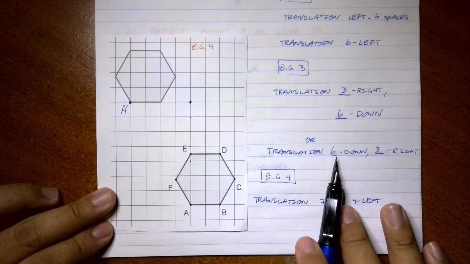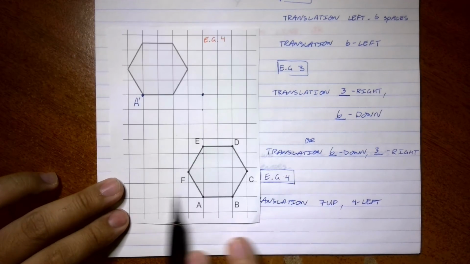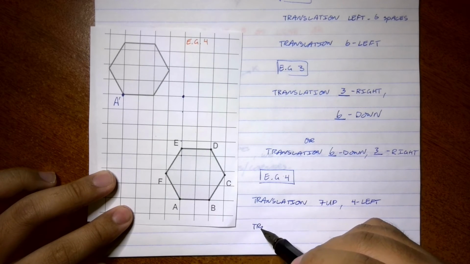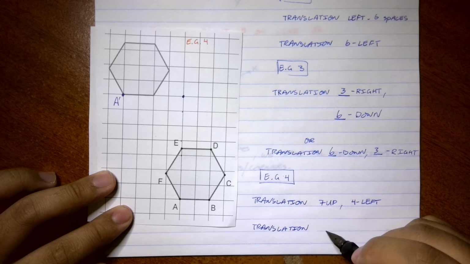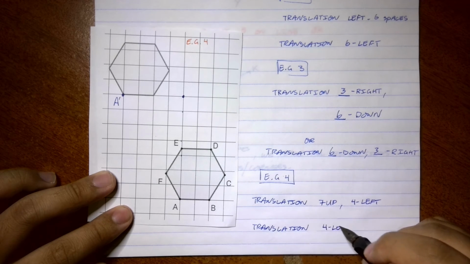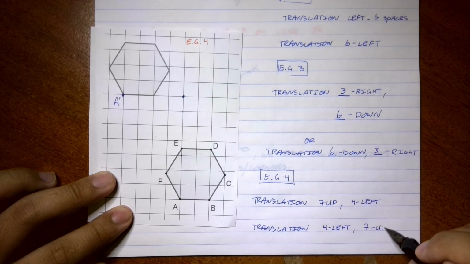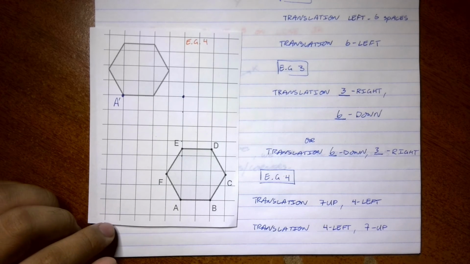And just as in the previous one, it could have been left first and then up. So this could have been a translation of 4 left and then 7 up. Either way, they would have been correct.